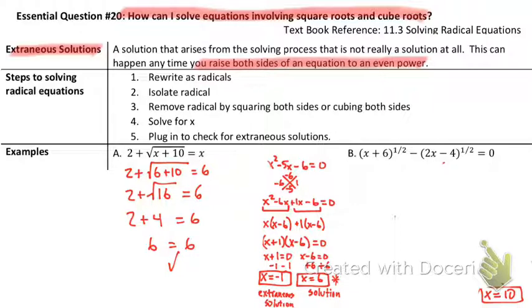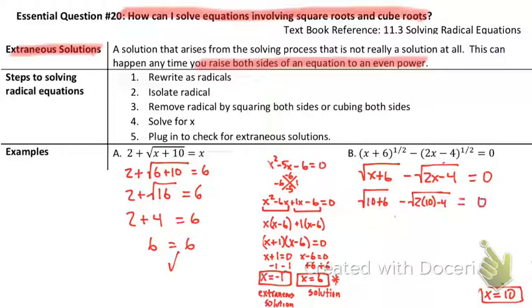So we're going to have radical x plus 6 minus radical 2x minus 4. But instead of x, I'm going to plug in 10. So all this should equal 0 if it's a correct solution. So it's radical 10 plus 6 minus radical 2 times 10 minus 4. And let's do this math.